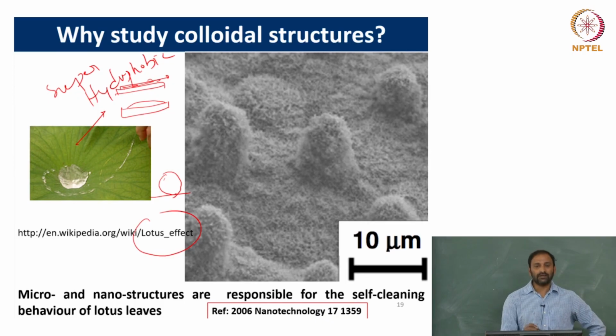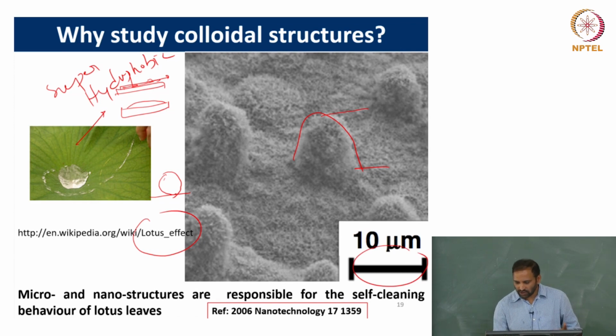Now, it turns out that the self-cleaning nature arises because if you look at a lotus leaf under a microscope, there are large structures, hills, the size of which could be as much as about 10 micrometers, plus you also have small nanoscale roughness.